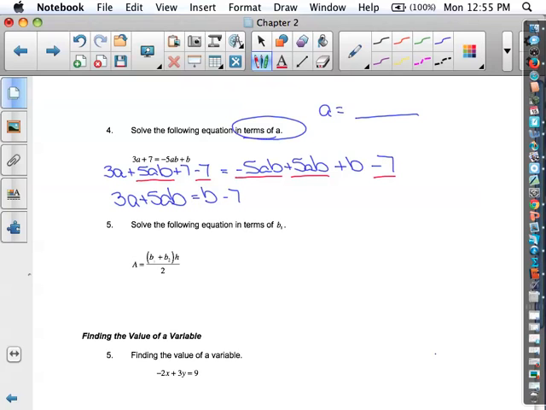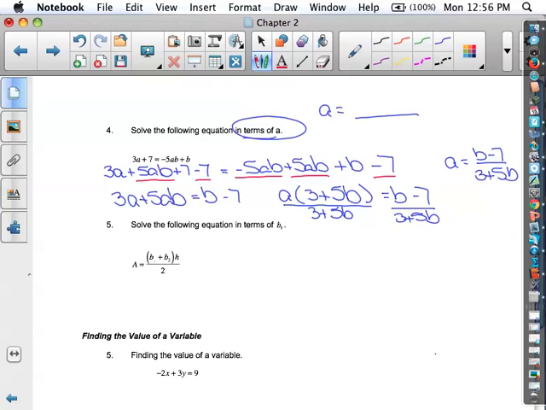At this point, you have two terms with an A. You want to factor out that A. So you have A times 3 plus 5B equals B minus 7. And then you're going to divide both sides by 3 plus 5B. So the answer to this becomes A is equal to B minus 7 over 3 plus 5B.